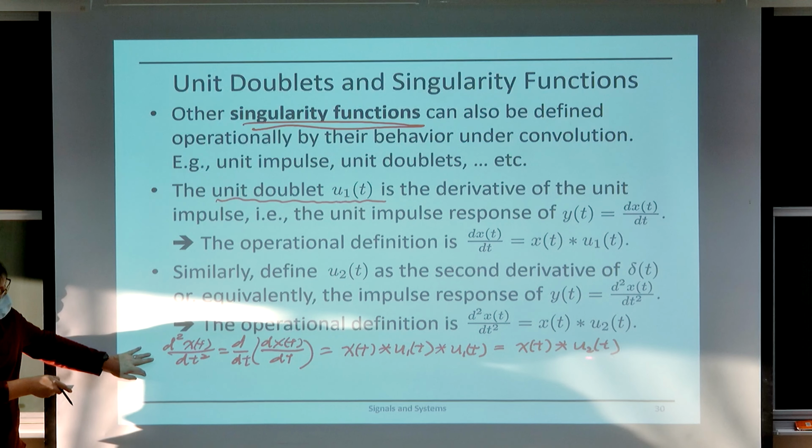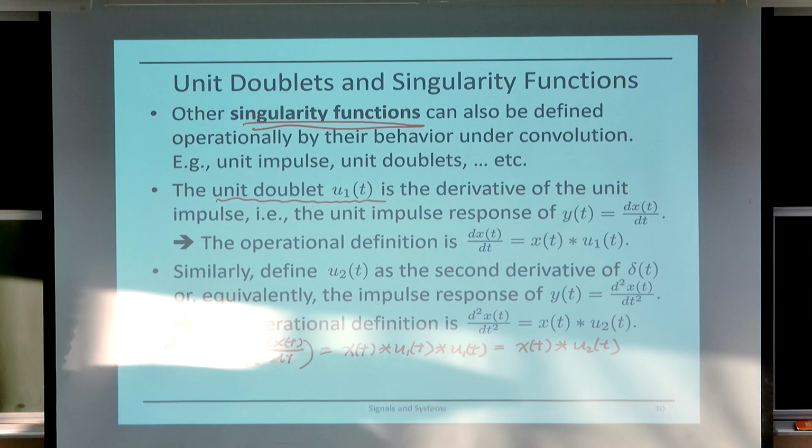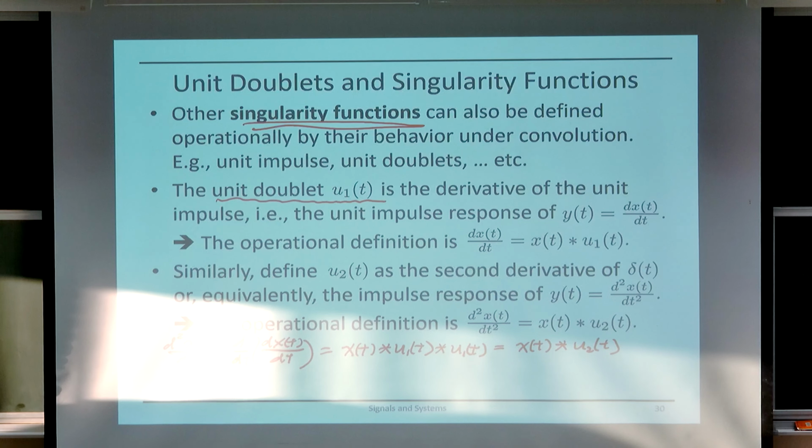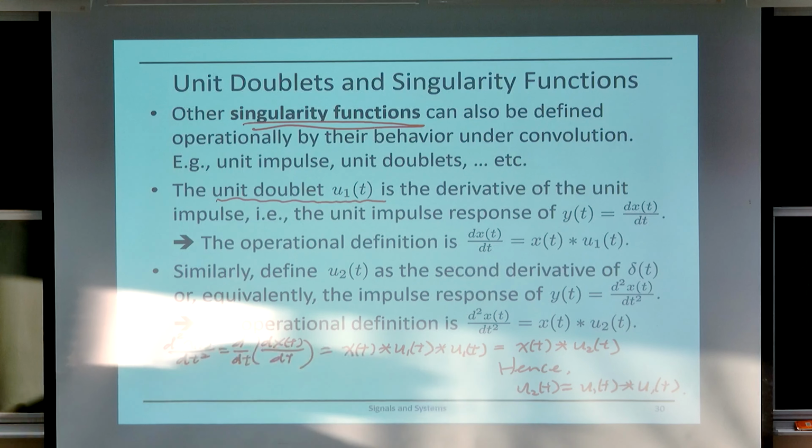Because basically u2 is just a convolution of u1 and itself. So hence, u2 of t is just the convolution of u1 and itself.